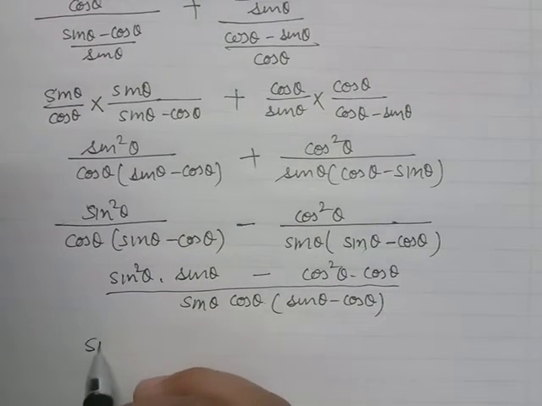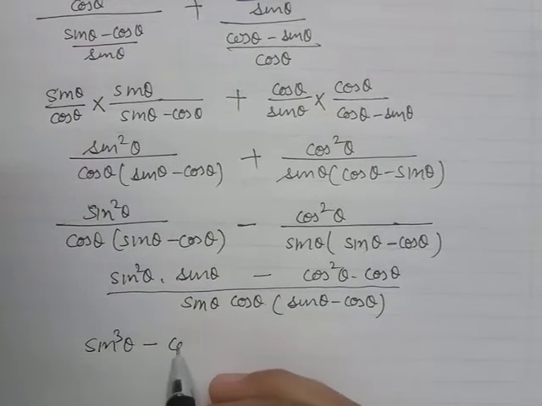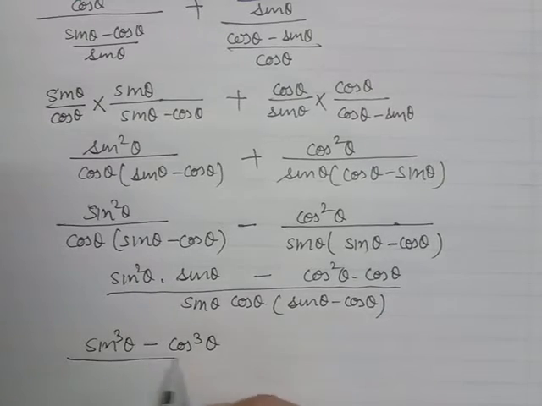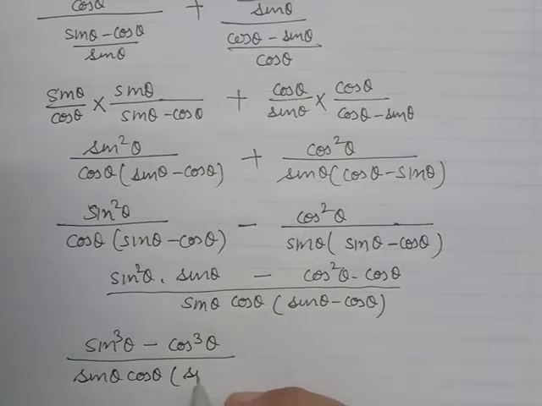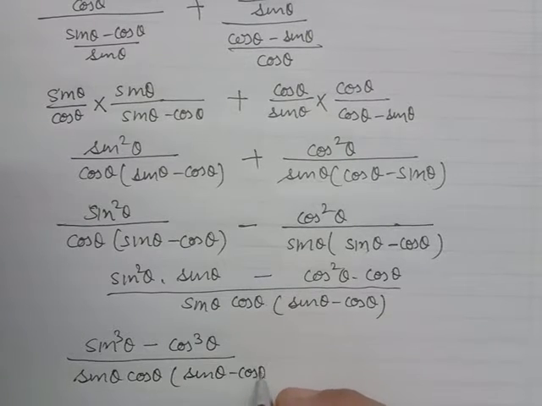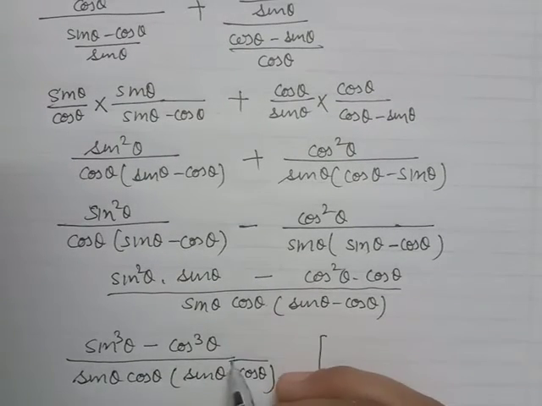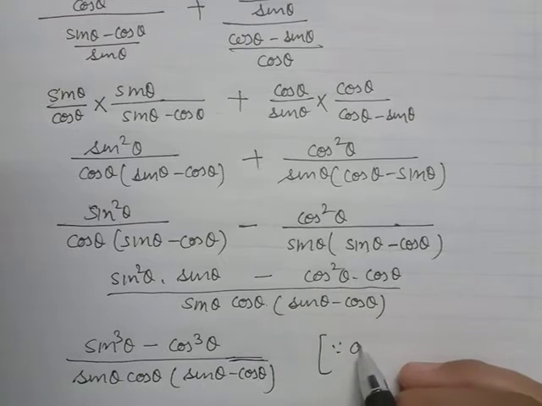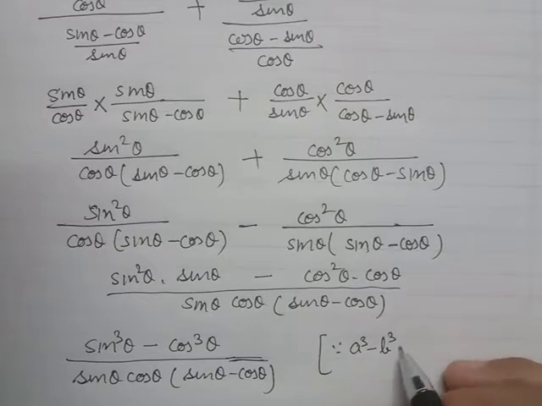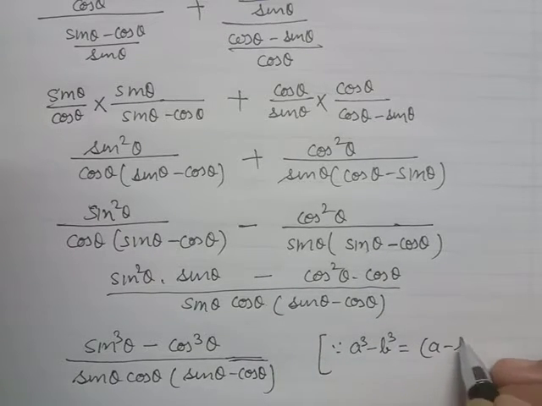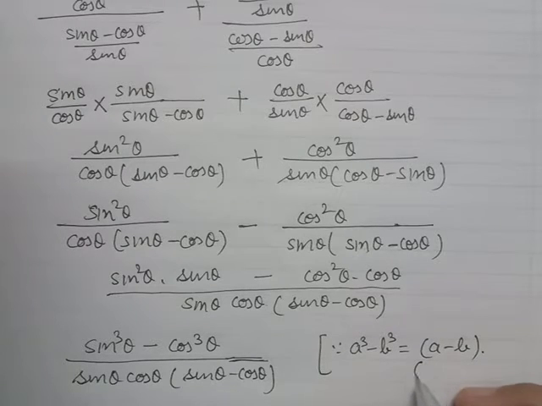Now sin cube theta minus cos cube theta over this. Now apply the formula a cube minus b cube in the numerator. We know the formula of a cube minus b cube, it is equal to a minus b into a square plus b square plus ab.